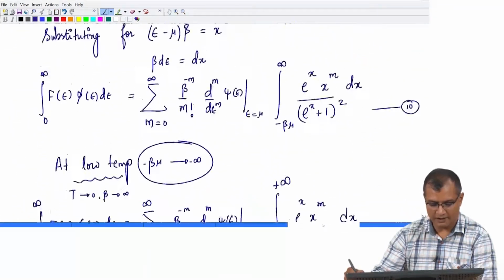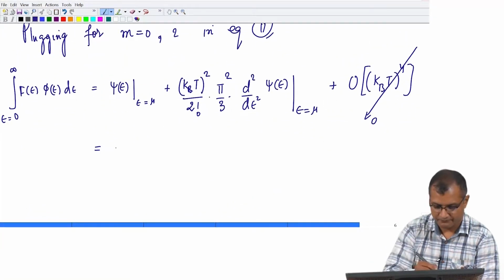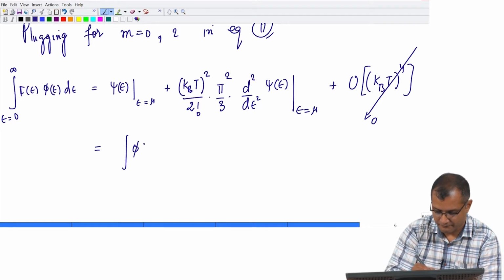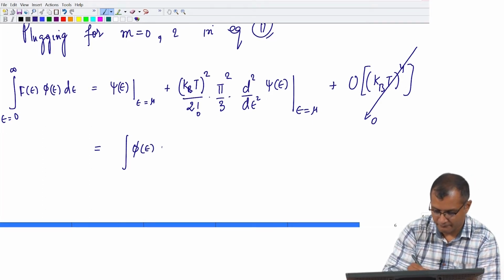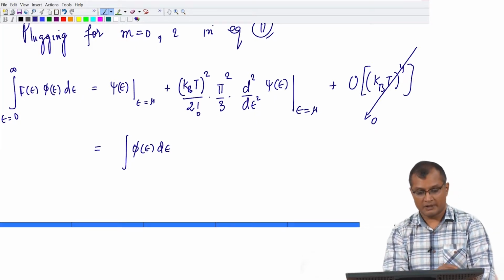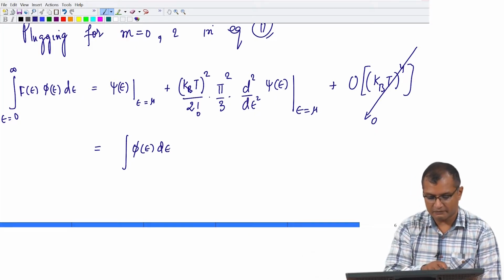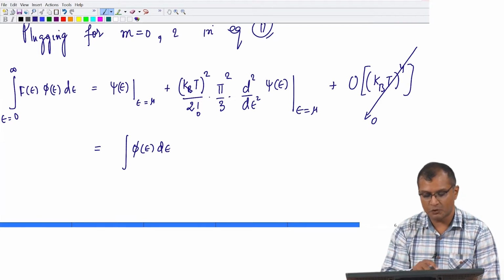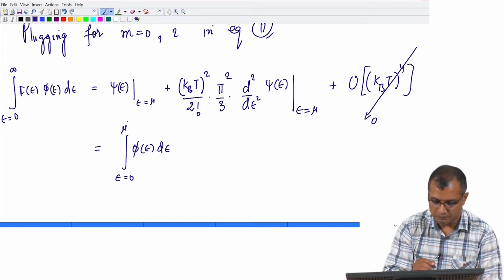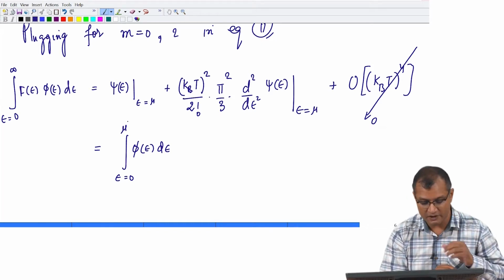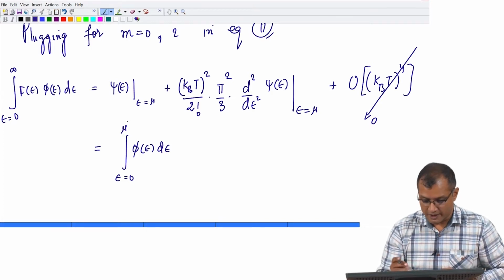It is an integral over phi, but this is integral and then it is for our function psi computed at e equals mu. So, what I am going to write down is that this is an integral going from E 0 to mu. That is the value of function psi at mu. All right.